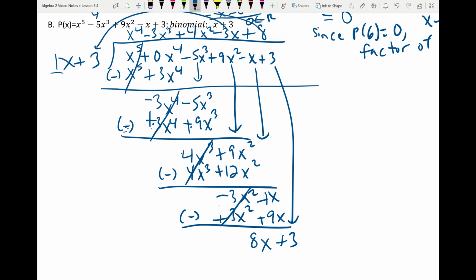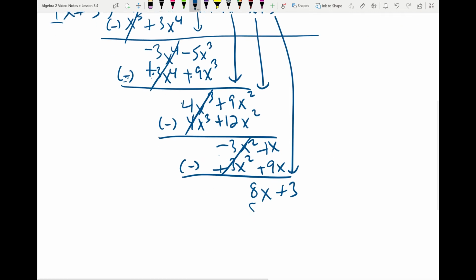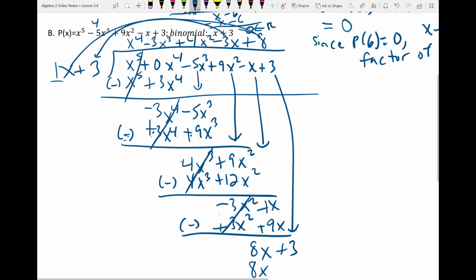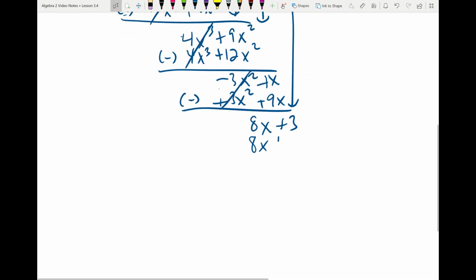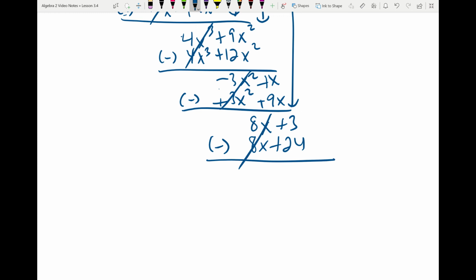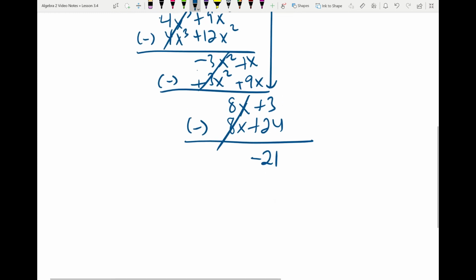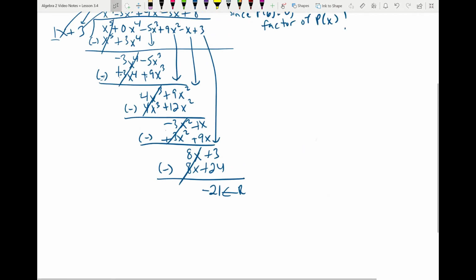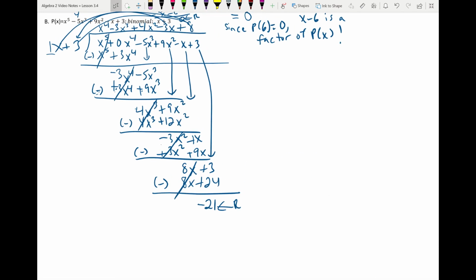So 8 times x is 8x. And then 8 times 3 is 24. Subtract. 0. 3 minus 24 is negative 21. So that's our remainder. So now let's do the remainder.